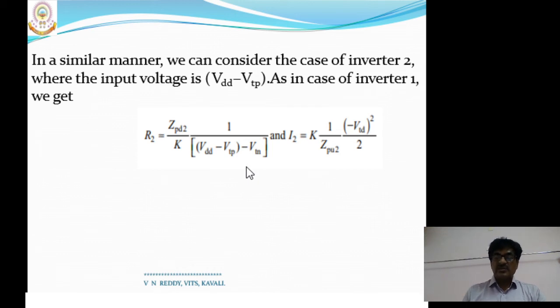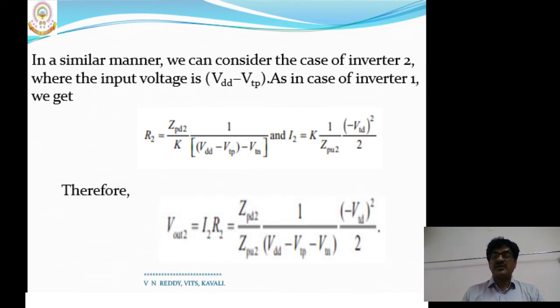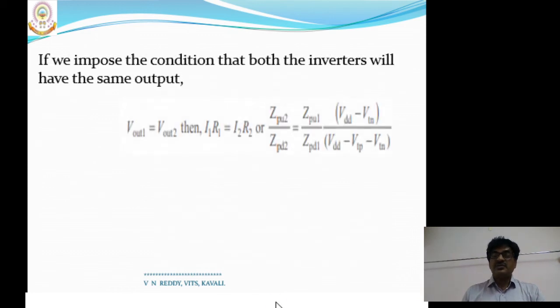Okay, so with this, the product I2 R2, substituting these two equations, Vout2 is like this. Now we equate Vout1 equal to Vout2, because we need to get the same output voltage, right?